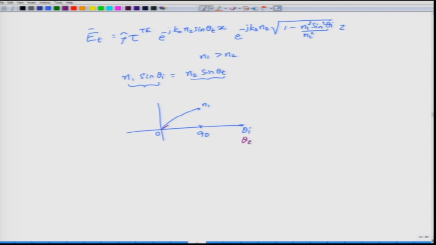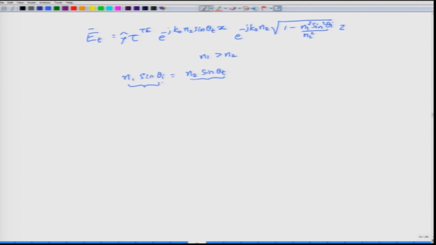The angle theta_t must change rapidly, but at some point it hits n_2, and then it will not be sufficient for this to be equal to the left hand side. Perhaps this figure did not convey what I wanted, but you get the idea.